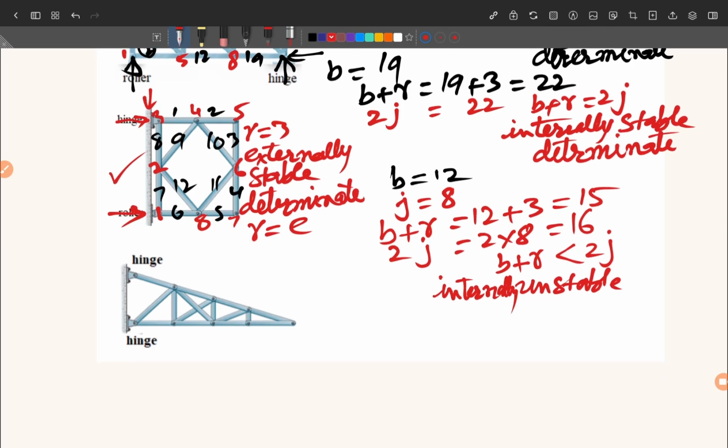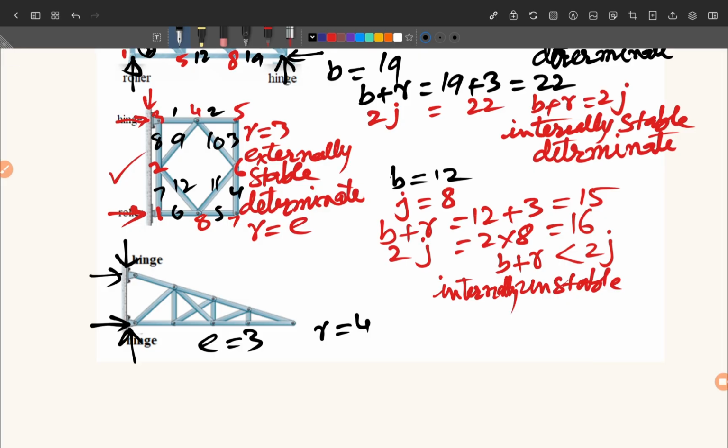Here we have a truss in which there are two hinge supports. So we will have R equal to 4, but equations, how many? Equations only 3 for one truss.